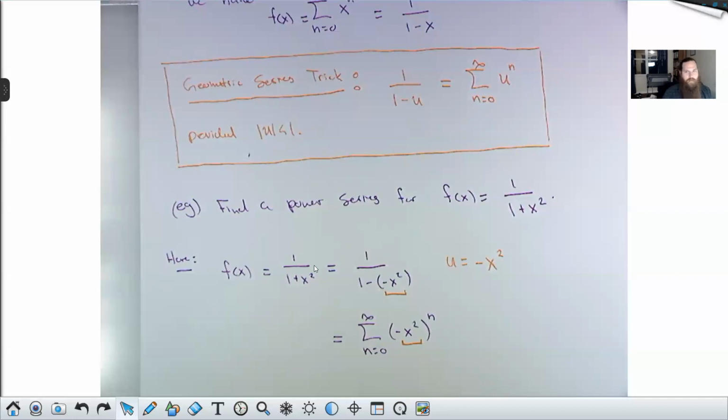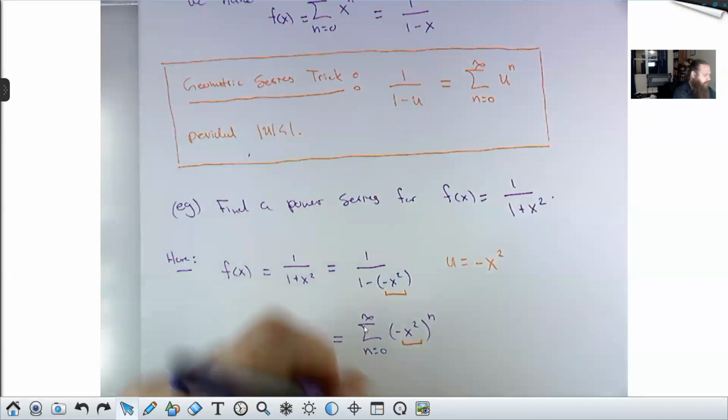So by taking this expression and plugging in negative x squared for u, I get sigma n from 0 to infinity, negative x squared to the n. And I do that because I'm able to write my function as 1 over 1 minus negative x squared, which fits this shape. So I can replace it by this, and now we just clean it up.